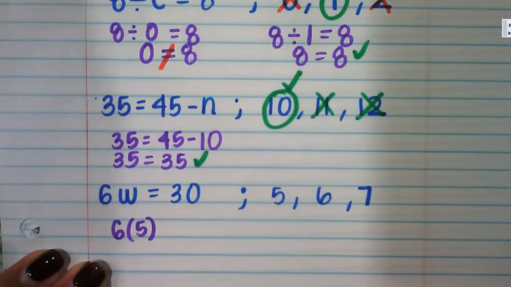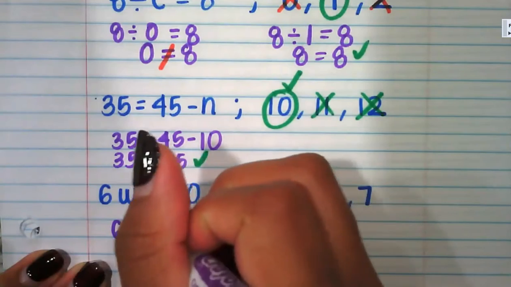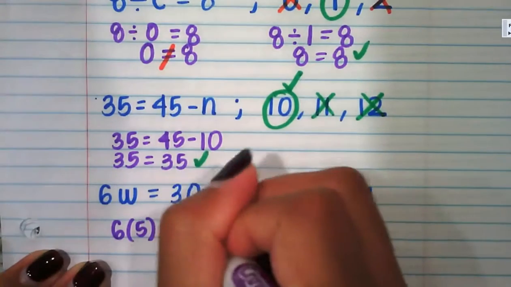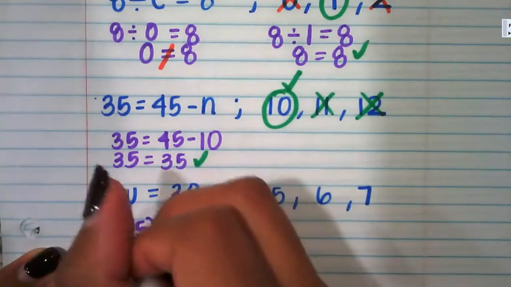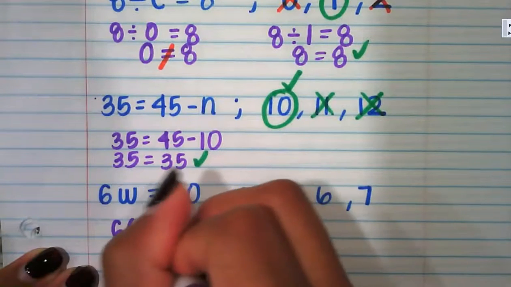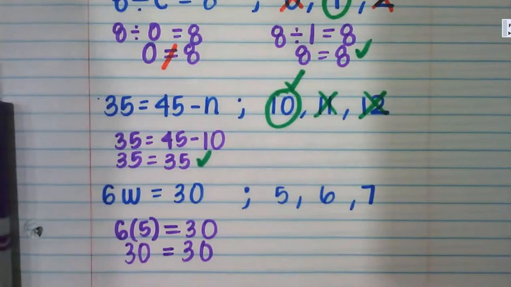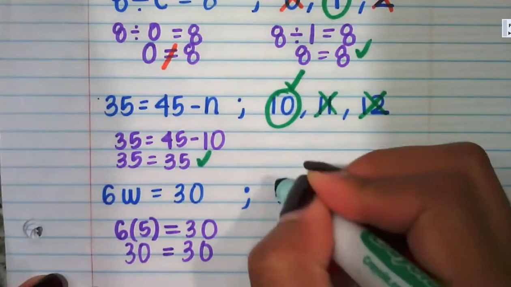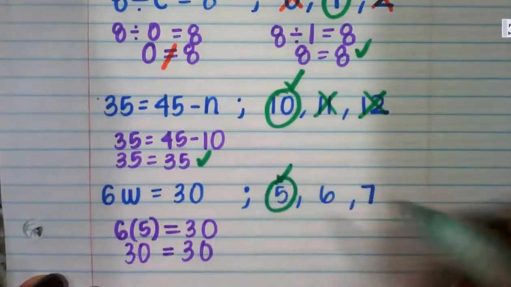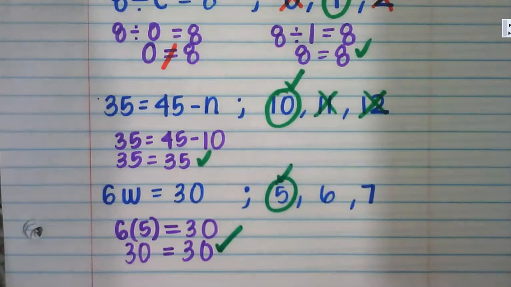Remember, when we see a letter and a number next to each other, that means we're multiplying. 6 times 5 is equal to 30. Oh, wow, that is 30. So is 30 equal to 30? It sure is. And we don't have to go any further because our first solution here is correct.